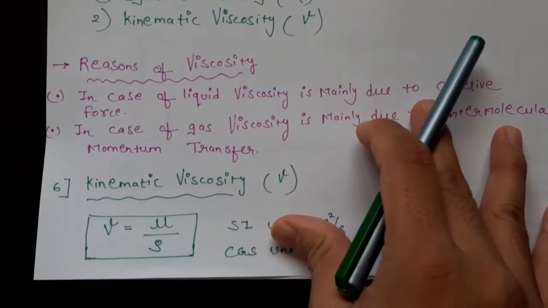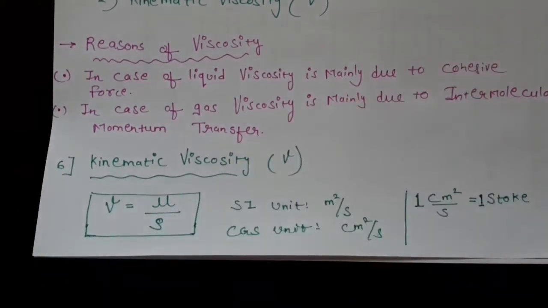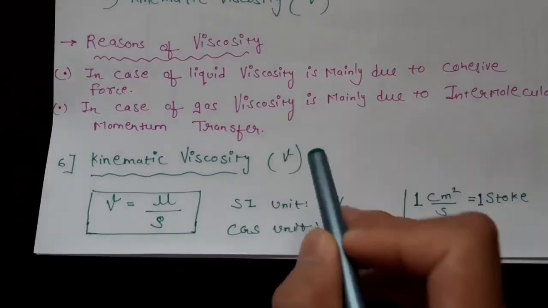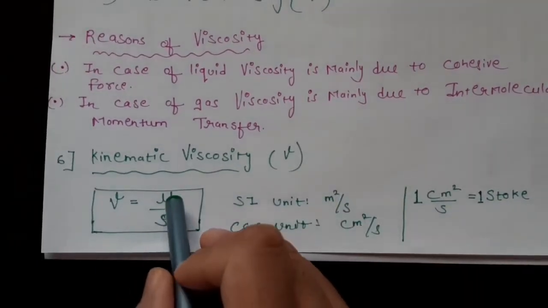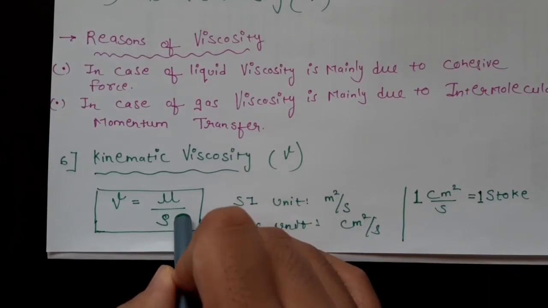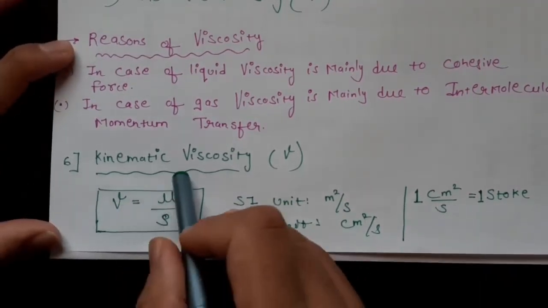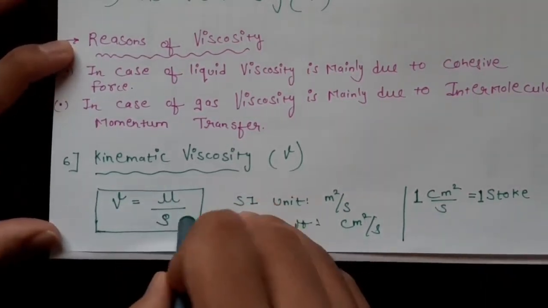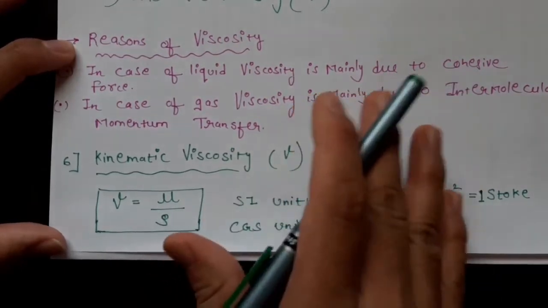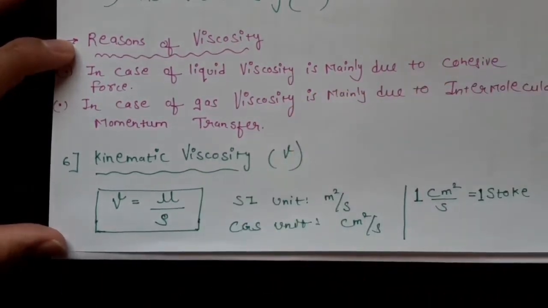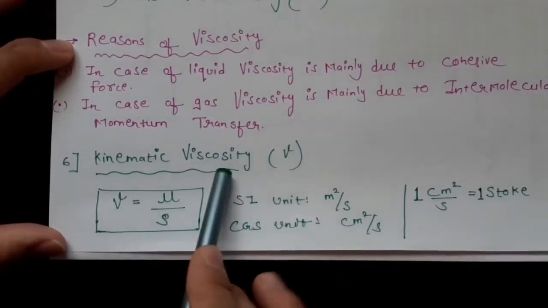Now we will move towards the kinematic viscosity. Kinematic viscosity is denoted by nu. So nu equals dynamic viscosity to the mass density. Kinematic viscosity is the ratio of dynamic viscosity to the mass density. Now how to remember the formula of kinematic viscosity? From the name we get the hint.